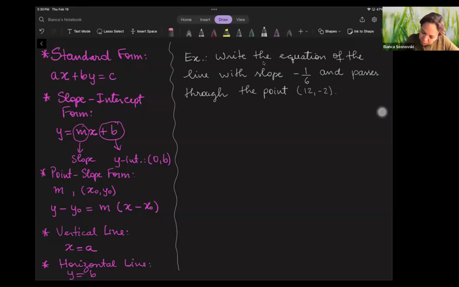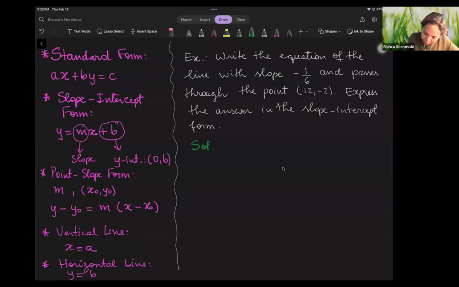So express the answer in the slope-intercept form. For my solution here, I want to write my equation in this form.